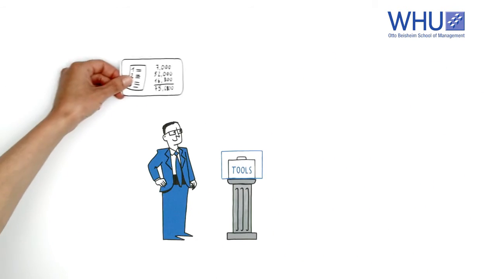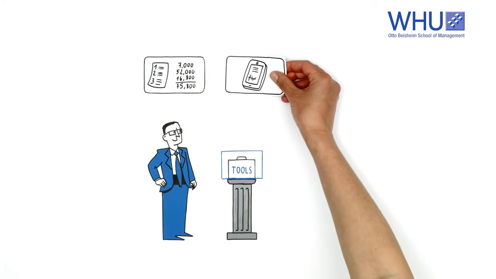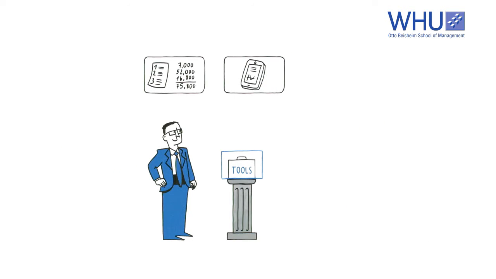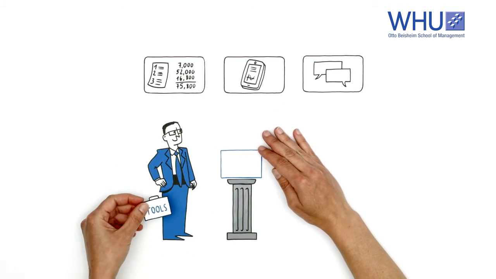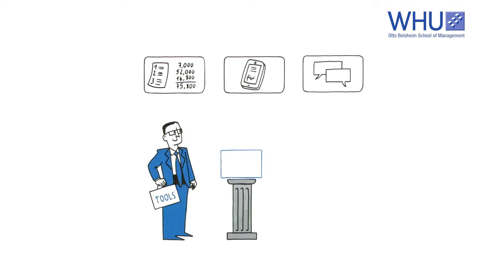Being a driver for goal orientation, guardian of transparency, and promoter of critical discourse is more important than looking for even better tools. The key to success lies not in the tools. A combination of tools and a controlling culture is essential.